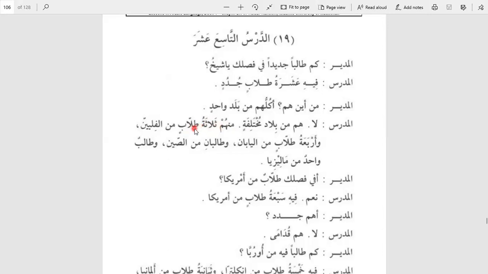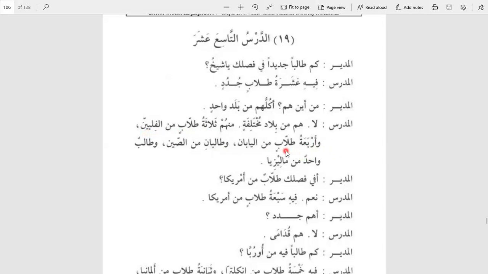When the maudud is mudhakkar, in this case tulabin, students, thalathatu becomes feminine. They always work in opposite. So from them are 3 students from Philippine, which is the Philippines.